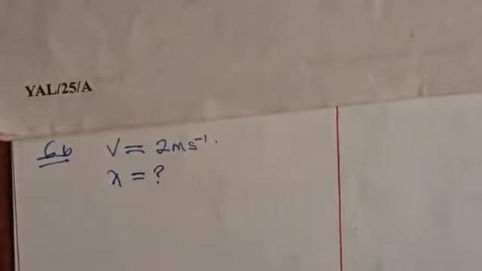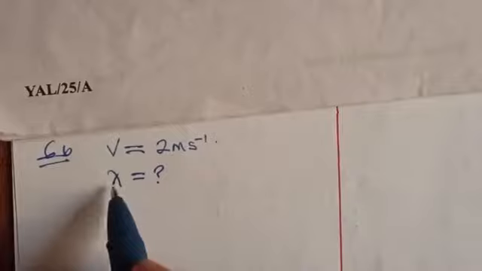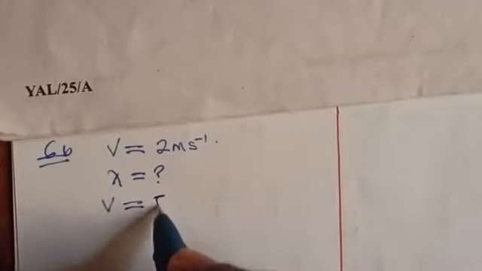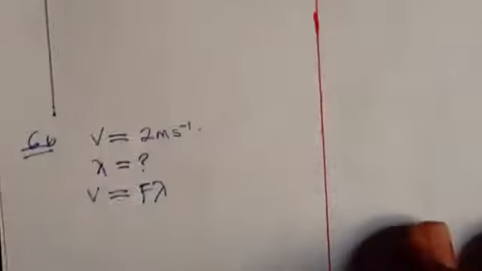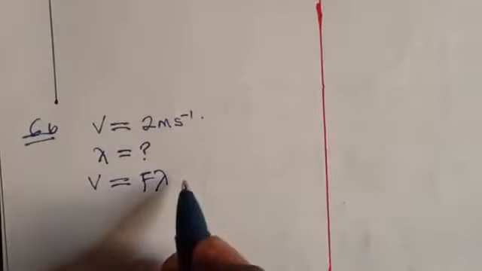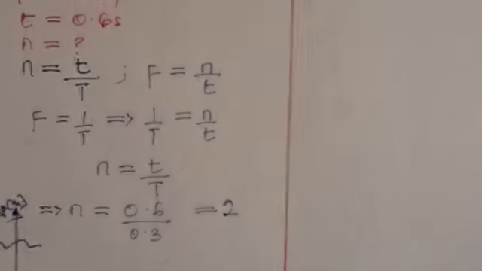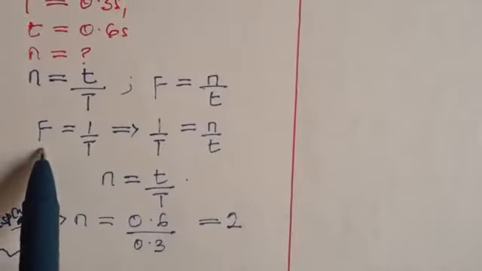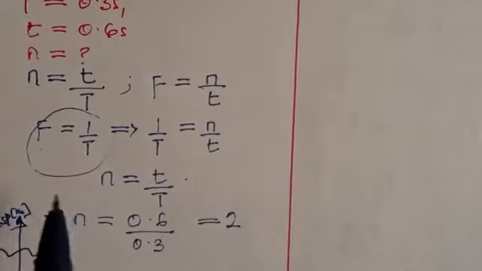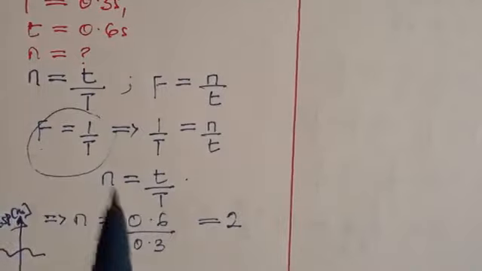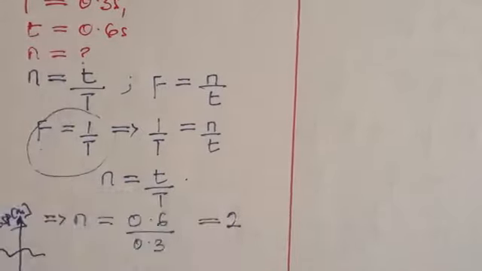What is that famous formula in wave that relates the velocity, frequency, and wavelength? We have that V is equal to f lambda. But here we don't have frequency. From what we have just established, frequency is equal to 1 over T. So we can get the frequency, knowing our period to be 0.3.